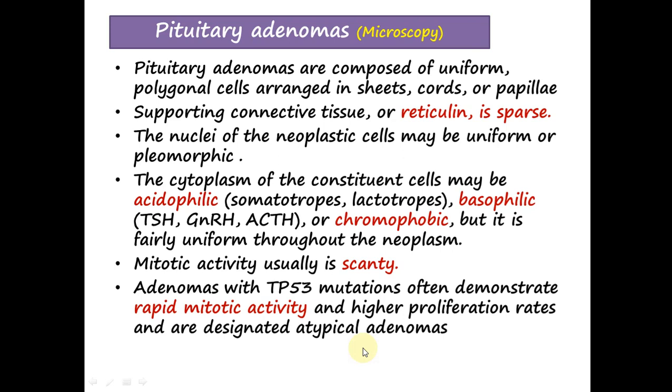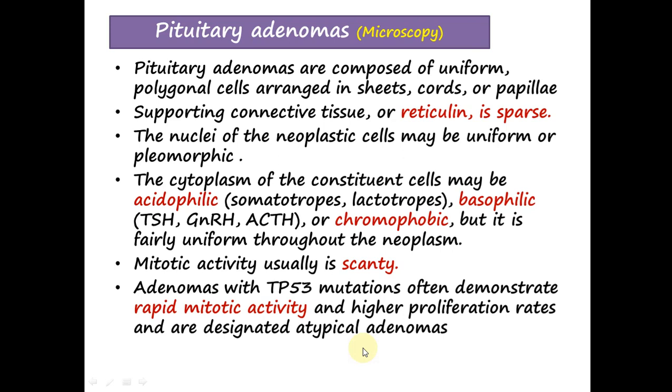Now coming to the cytoplasm, the microscopic appearance of the cytoplasm will depend upon the types of cells that carry the adenoma. If they are growth hormone producing cells like somatotrophs or prolactin producing cells like lactotrophs, they in the cytoplasm behave like a base.